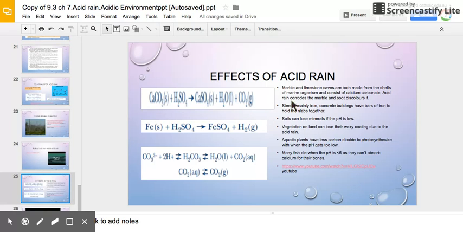In addition to those man-made structures that are made out of limestone and marble, whether they're buildings or statues, you've also got things that are made with large amounts of steel. Now, remember, steel is actually iron with a certain amount of carbon and other materials added to it. Now, an acid and a metal makes a salt and hydrogen gas. We know that rule.